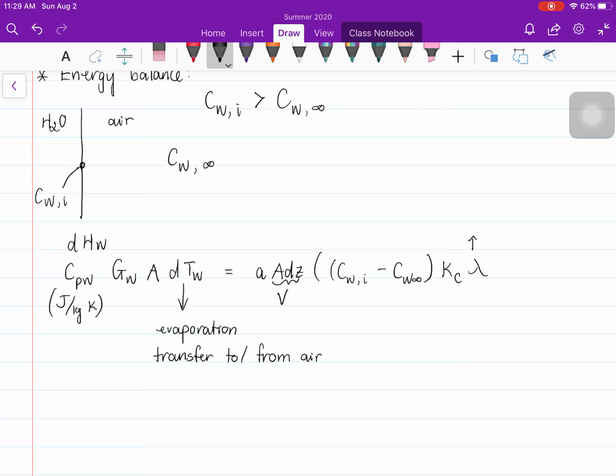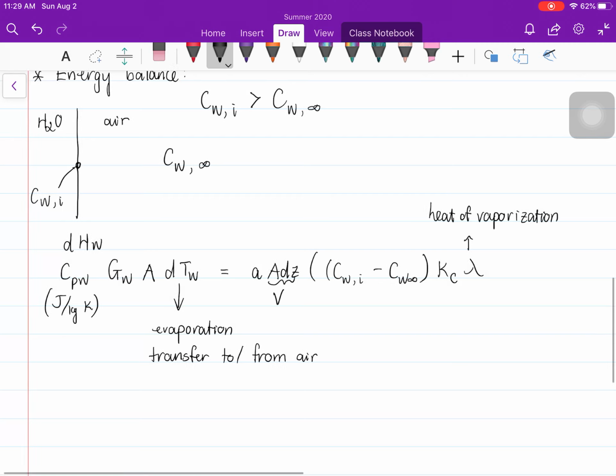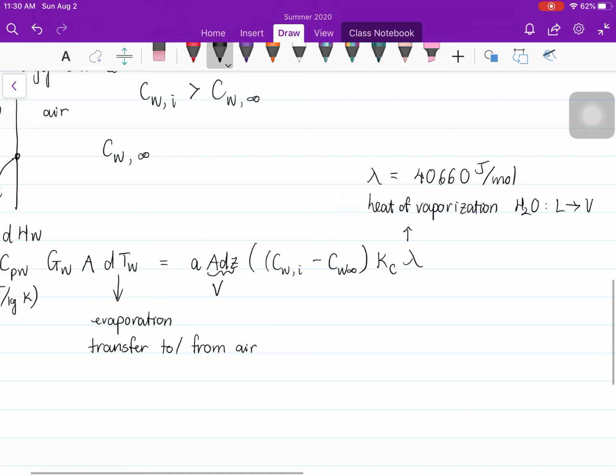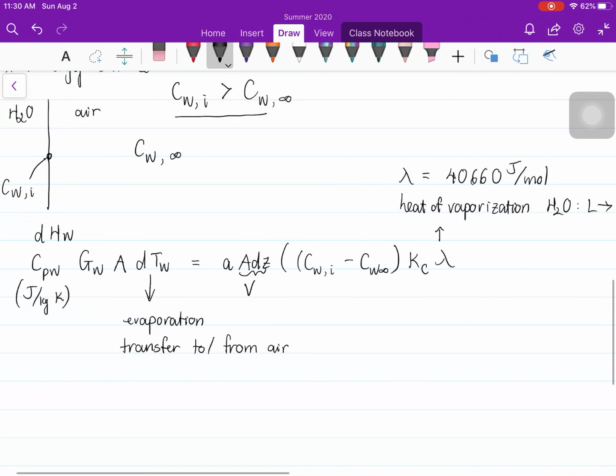So lambda is the heat of vaporization of water when it goes from liquid to vapor, and the value of lambda is 40,660 joule per mole.